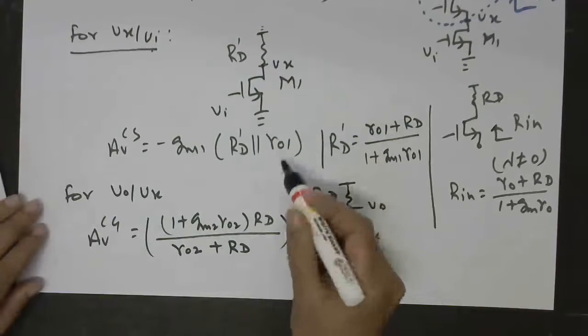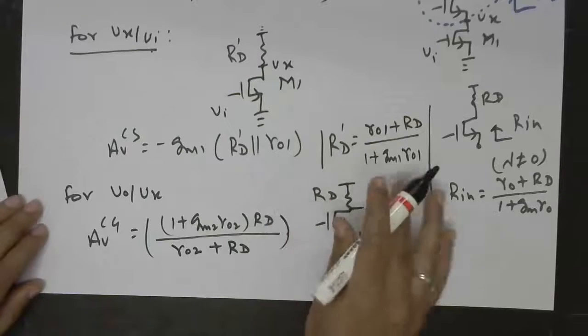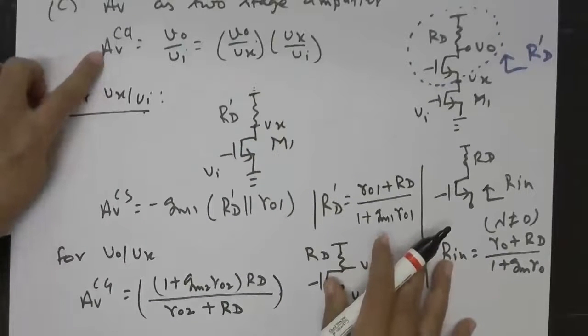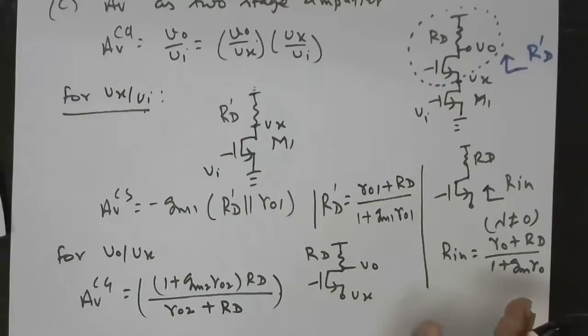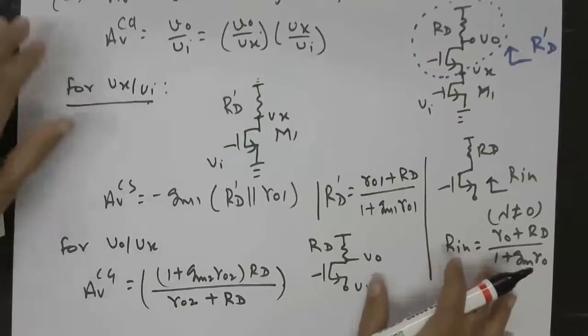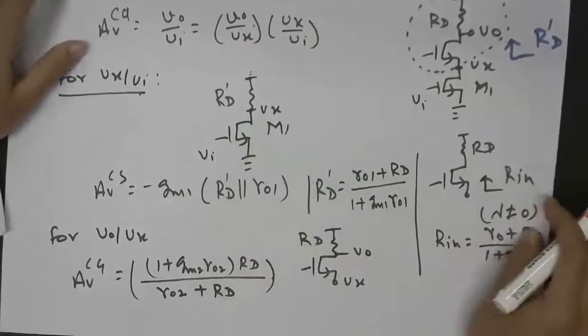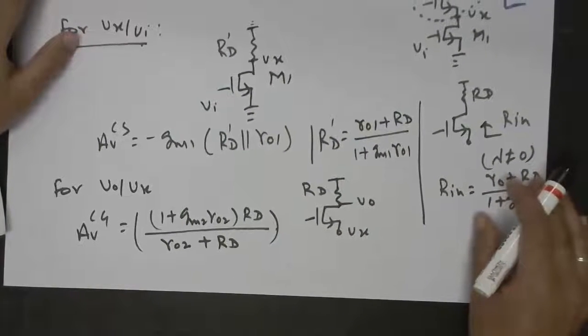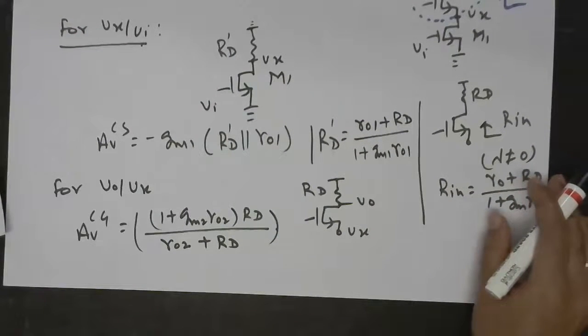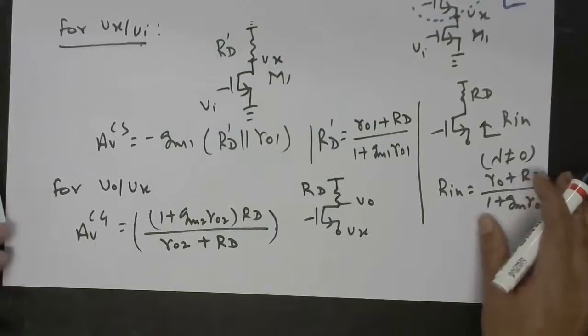One can now multiply these two gains to get the overall gain of the circuit. And if you carry out this analysis, the answer will turn out to be the same as what we have obtained from the previous cases.